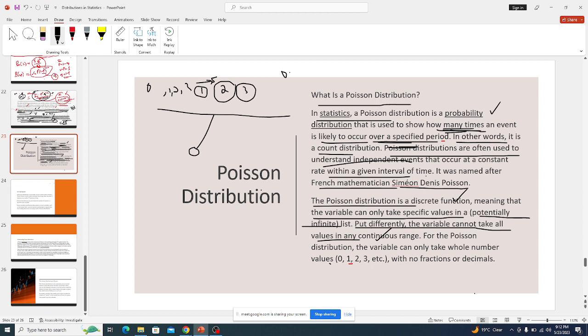But the number of events we are talking about does not take decimals. I think we shall define this well when we do the practicals tomorrow.